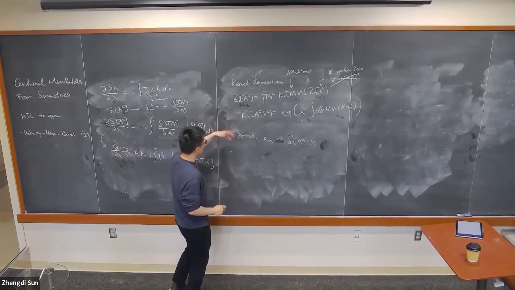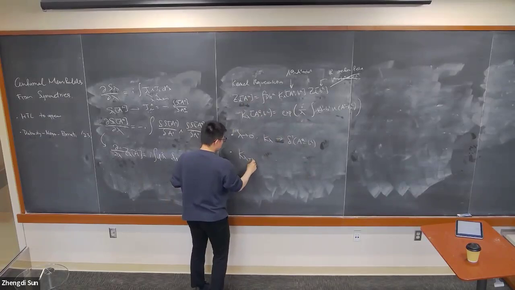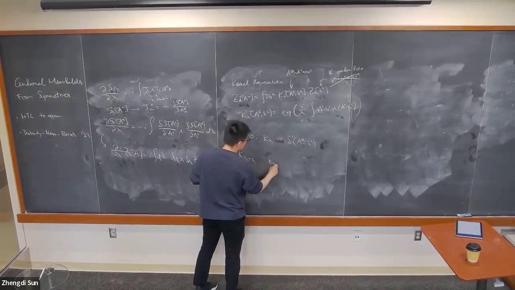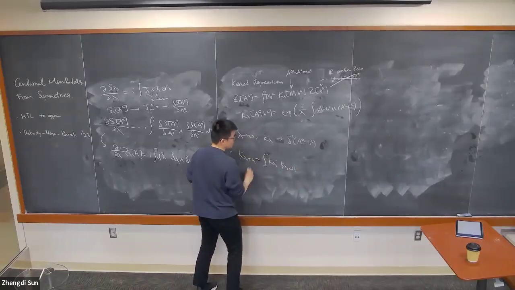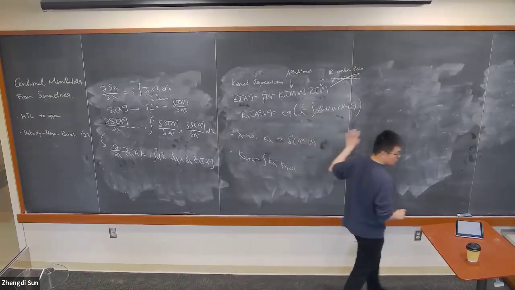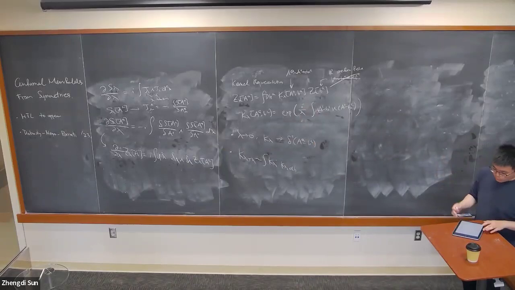The second thing is that this kernel can be composed: the kernel at lambda 1 plus lambda 2 is related to the kernel at lambda 1 times the kernel at lambda 2, integrating against some b. Okay, so there is an equation like this you can write down. This is just to tell you that this kernel works in a nice way. It agrees with our intuitions: it gives you the right initial conditions, and it can be composed.